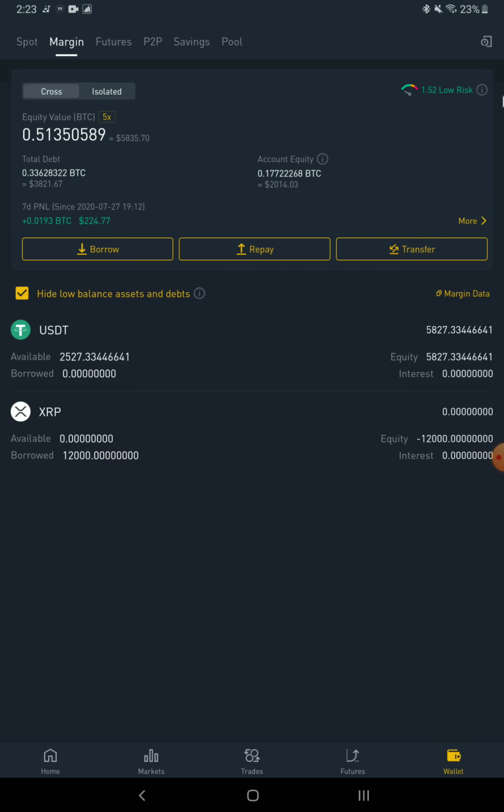Then you sure as hell don't have the discipline to keep to your stop loss, and you sure as hell will ride that out and hope for a correction your way. And eventually what's going to happen, you're just going to get liquidated.